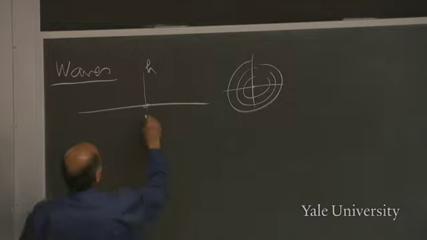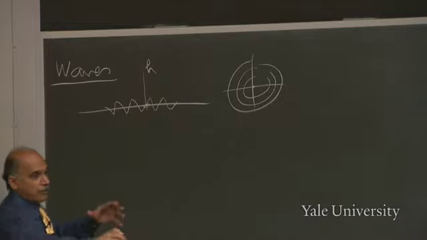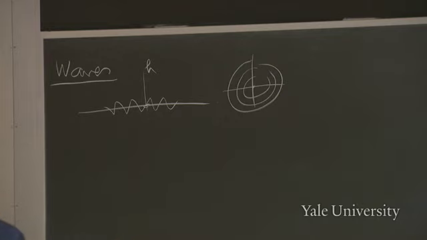Or if you kept your eye next to the water, you will find these ups and downs going outwards. So the wave is some displacement of a medium. That's what people say. That's not a perfect definition because we know electromagnetic waves have no medium. They travel in vacuum. But for this course, you should imagine a wave as what happens when you excite a medium.